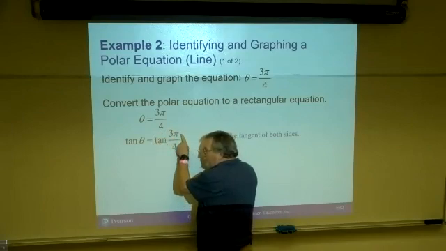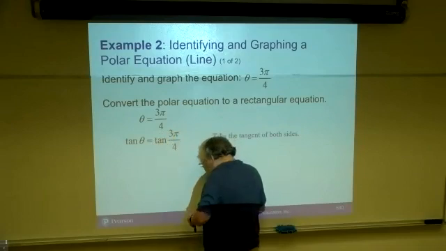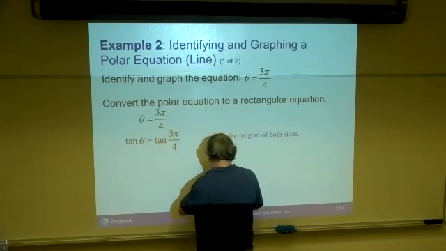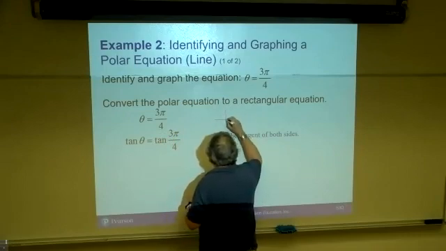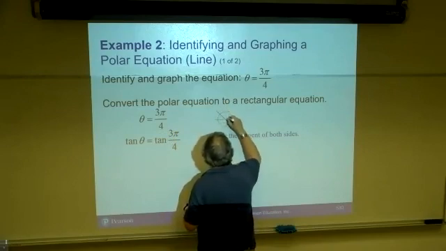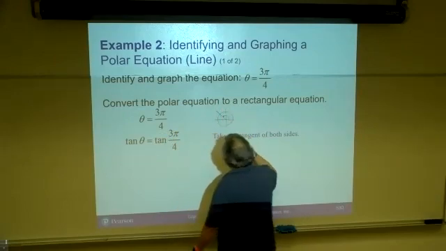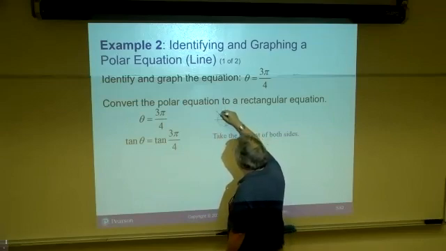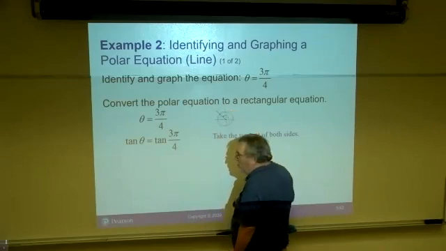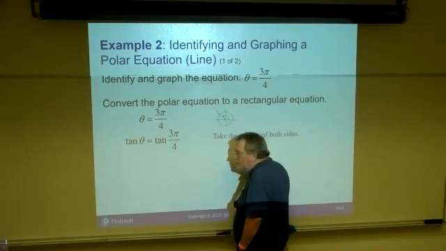Tangent of 3 pi over 4. What is the tangent of 3 pi over 4? I keep going back to the unit circle. 3 pi over 4 is this angle here. X and y, what do you know about x and y? Square root of 2 over 2 and square root of 2 over 2.